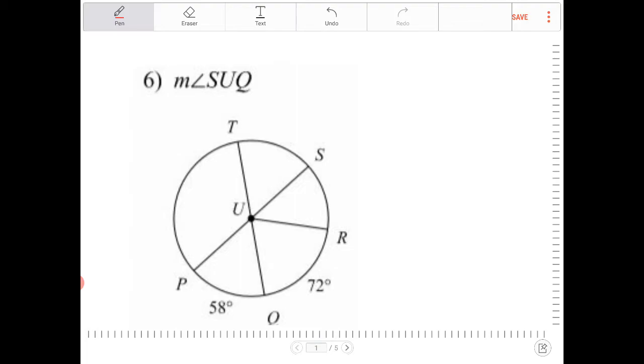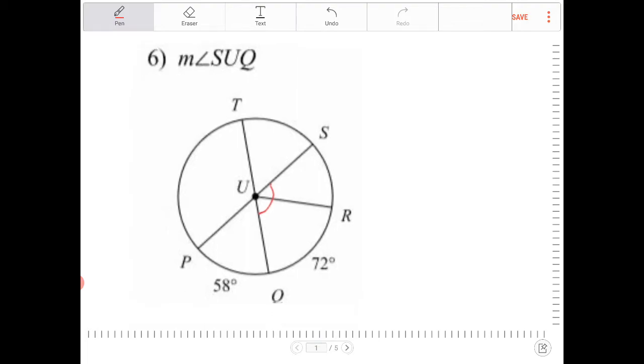SUQ is this angle over here, and you are told that TUQ is a diameter because it appears to be straight, and PUS is also a diameter because it appears to be straight. So if this is 58, then that means this is 58.